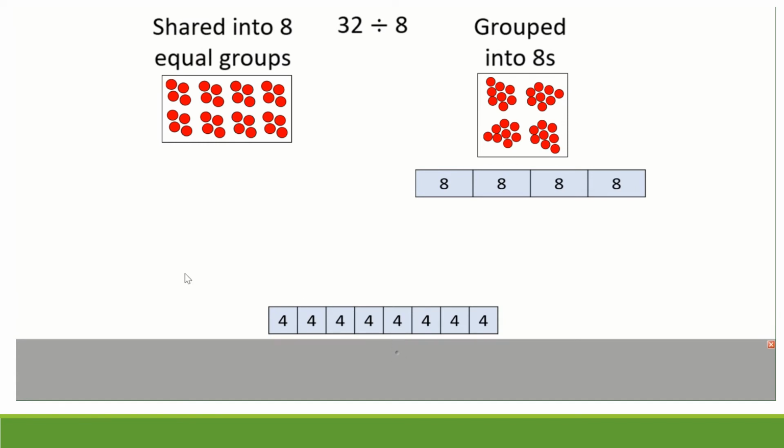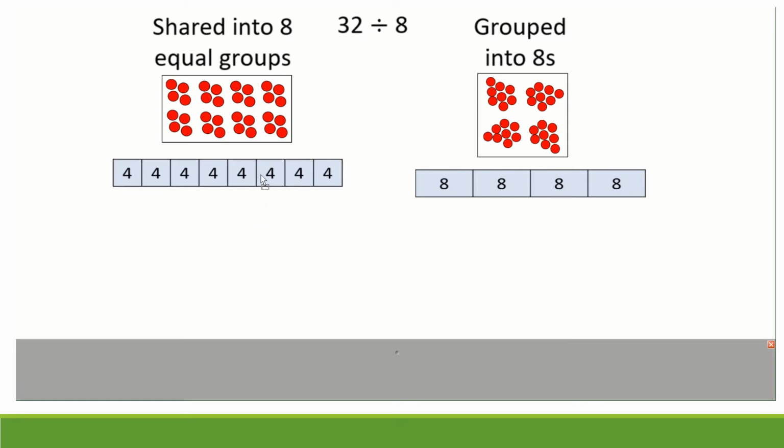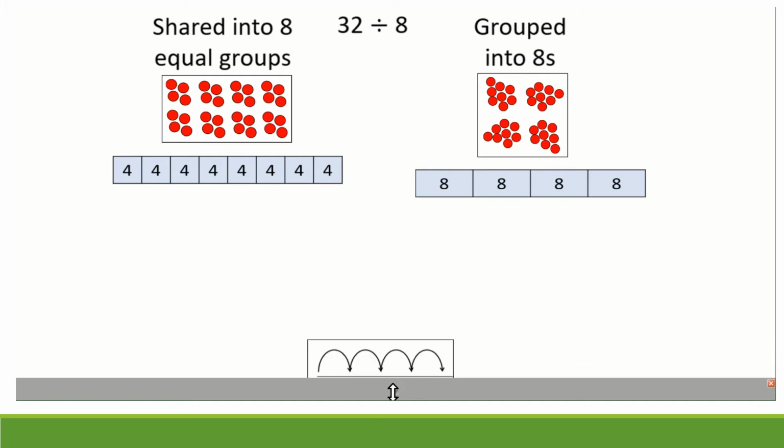What about this bar? Do we think it's shared into 8 equal groups? Let's see. 1, 2, 3, 4, 5, 6, 7, 8. Well done. This one is shared into 8 equal groups with 4 in each group. Let's take a look at the final one.